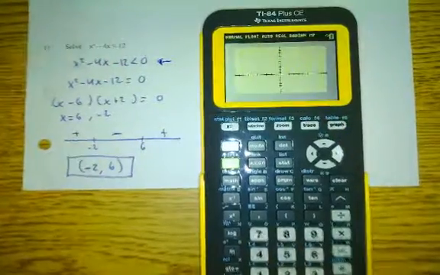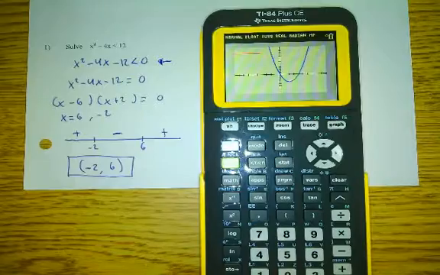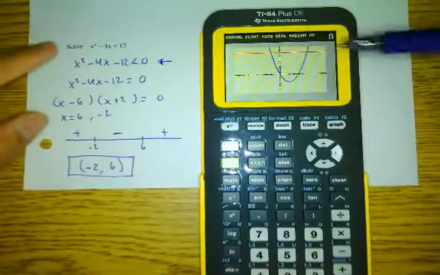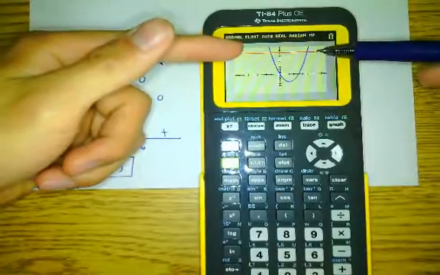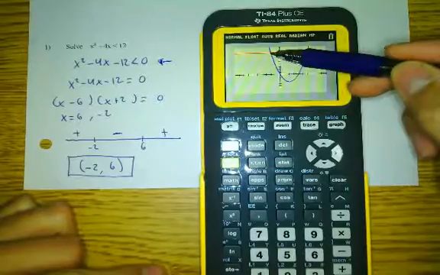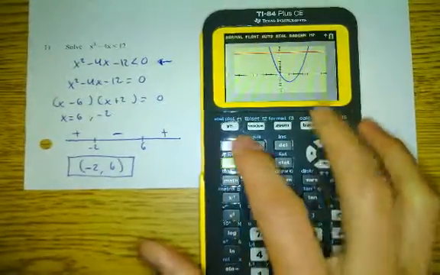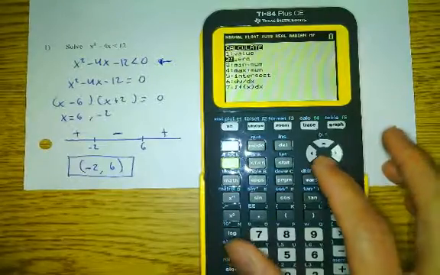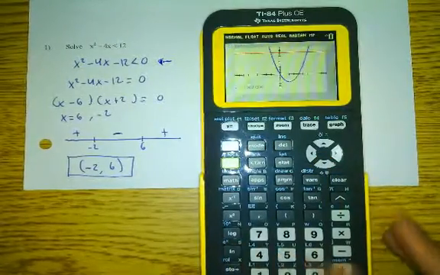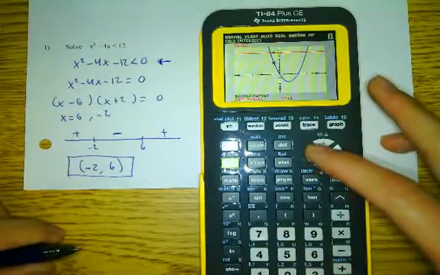if you're looking at this graph, I'm looking for when this is less than 0. So I'm looking from when the graph is below that red line, correct? So it would be starting at this point, going all the way to that point, correct? So if you calculate the intersection, for example, here is the curve 1, curve 2, and I'm looking for this intersection, you're going to notice that the value is what? -2, and that's what I got.